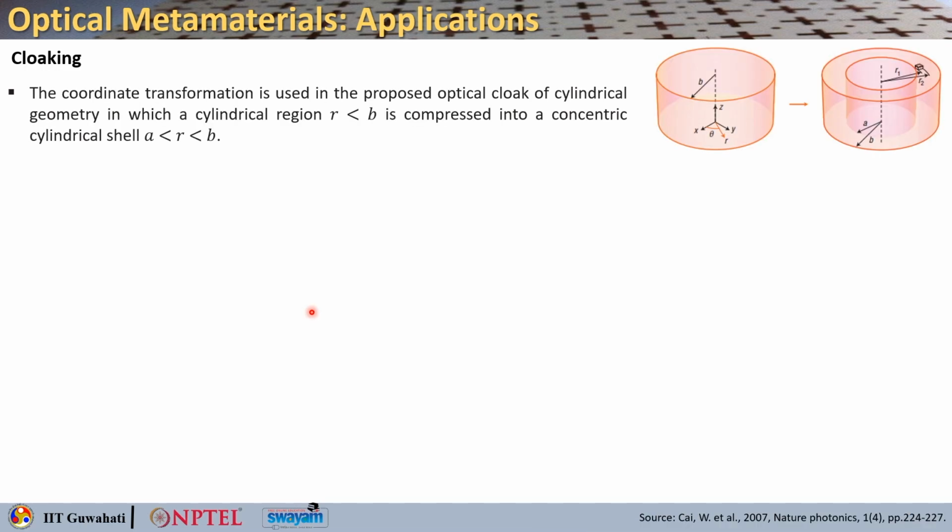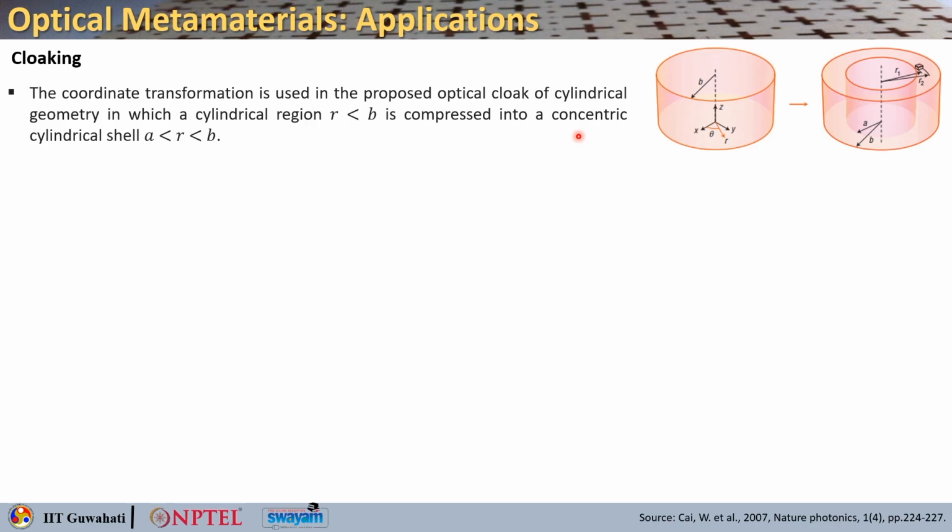So, if you remember how things were done, you need to use the concept of coordinate transformation. That is also part of transformation optics, which we will go into in detail later on.